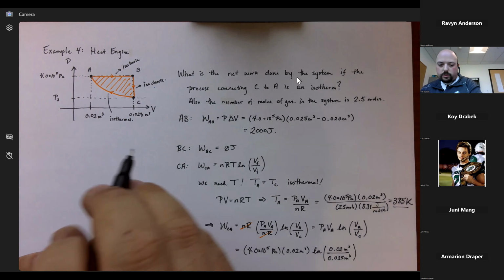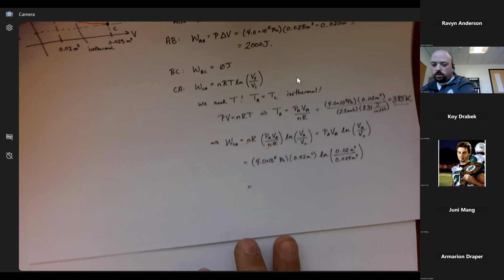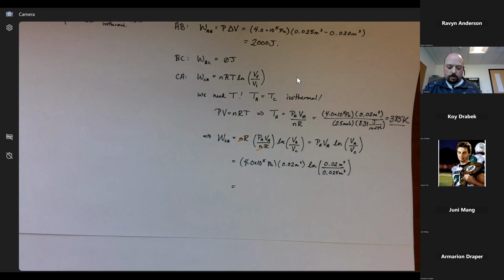All right, and so if we continue with that calculation, let me just verify this yet again, because sometimes working these heat engines on the fly can oftentimes create disastrous results.